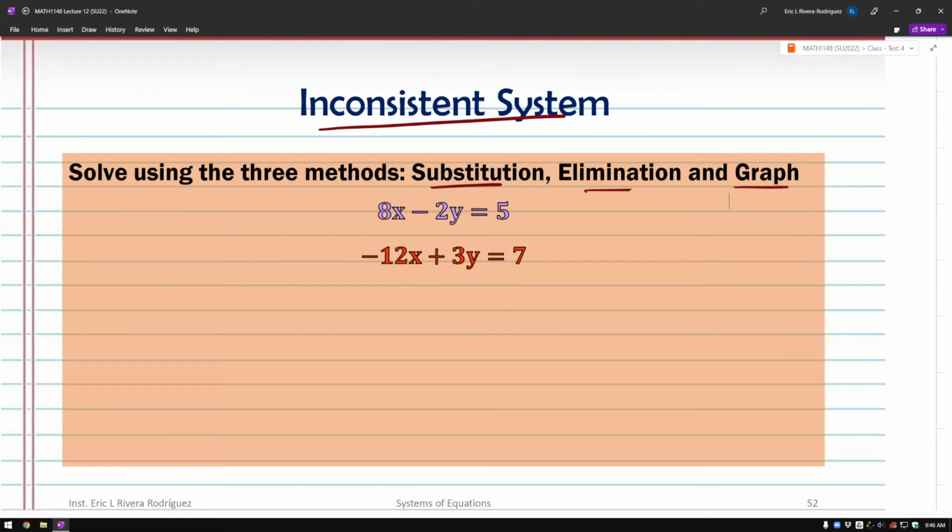So I'm going to create three groups of 3. One group is going to do the substitution, one group is going to do the elimination, and one group is going to do the graph. We are going to work as a group for around 10 minutes, and then when we finish the group session, each group is going to share their solution and how the solution looks like.